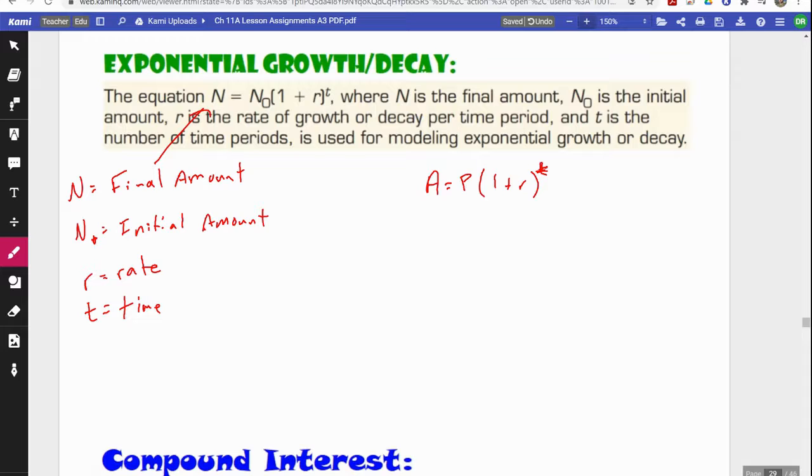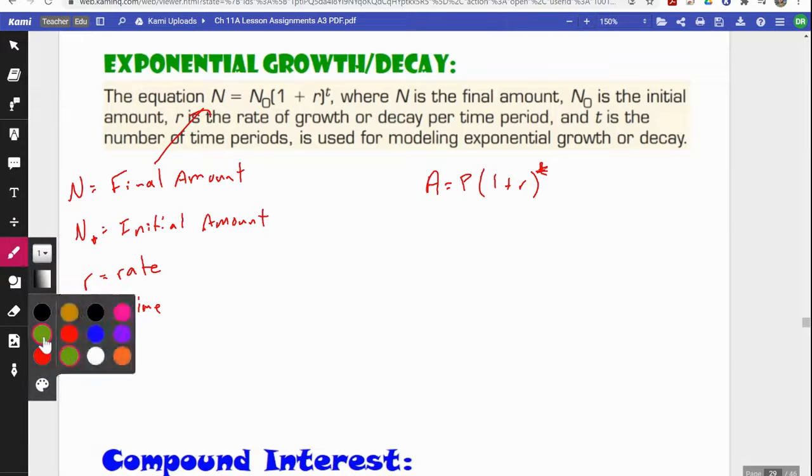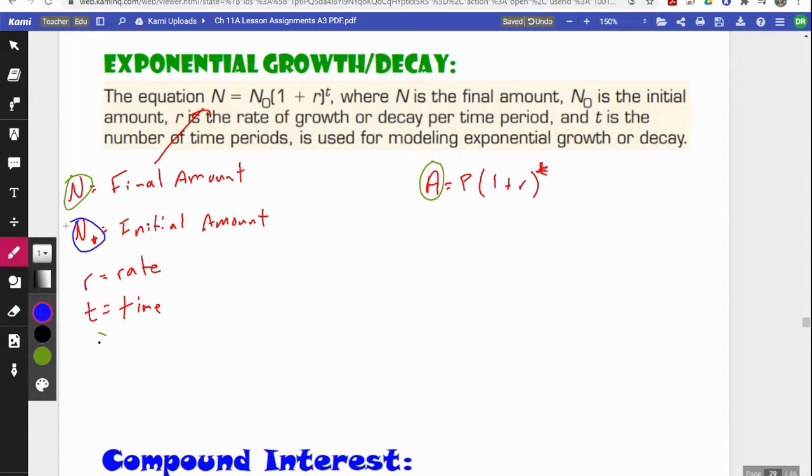And the rate would be your interest rate, time still being time, usually in years, and A, your final amount. So these are the same formula. I just don't want that to be a point of confusion. Where P is N naught and A is N. Those are the same things.